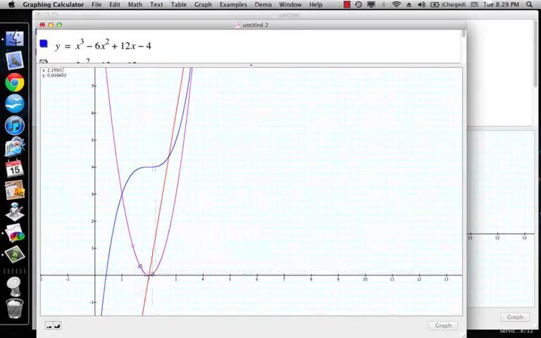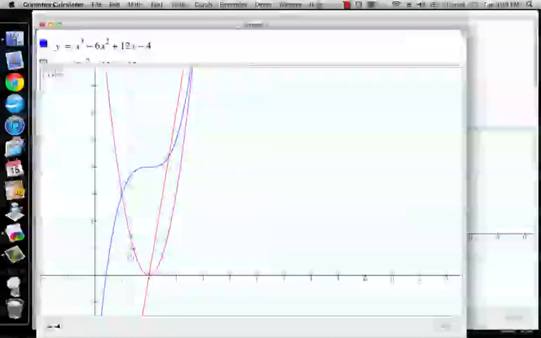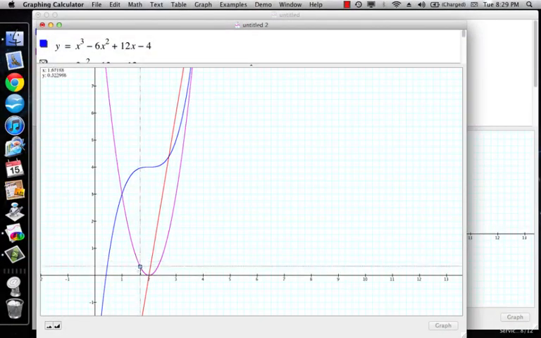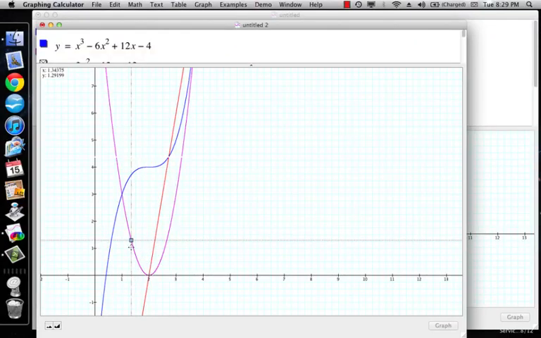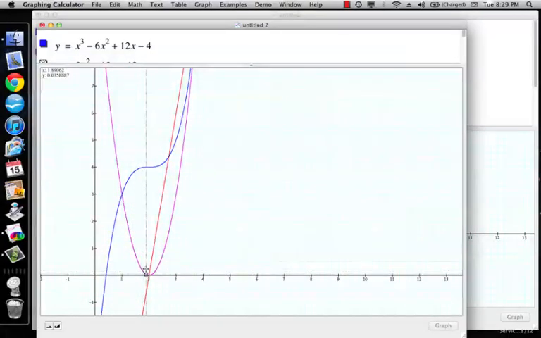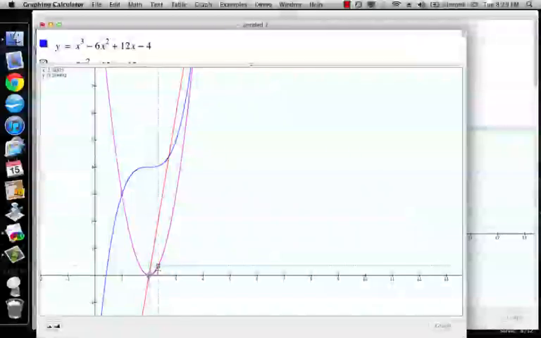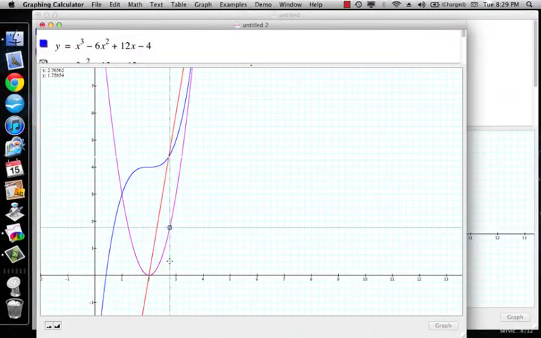The slope of the blue line is never negative. It can only be 0. So the slope of the blue line is positive, then 0, then positive again.